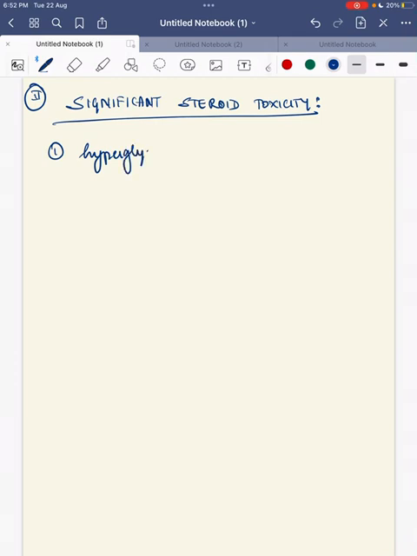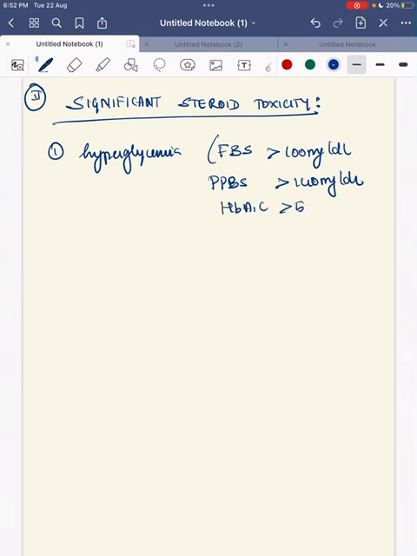So you will be monitoring their glucose. If the child has hyperglycemia, with a fasting blood glucose of more than 100 mg per deciliter, or postprandial blood sugar of more than 140 milligram per deciliter, or when the HbA1c is more than 5.7%, you call it hyperglycemia in the patient undergoing steroid treatment.